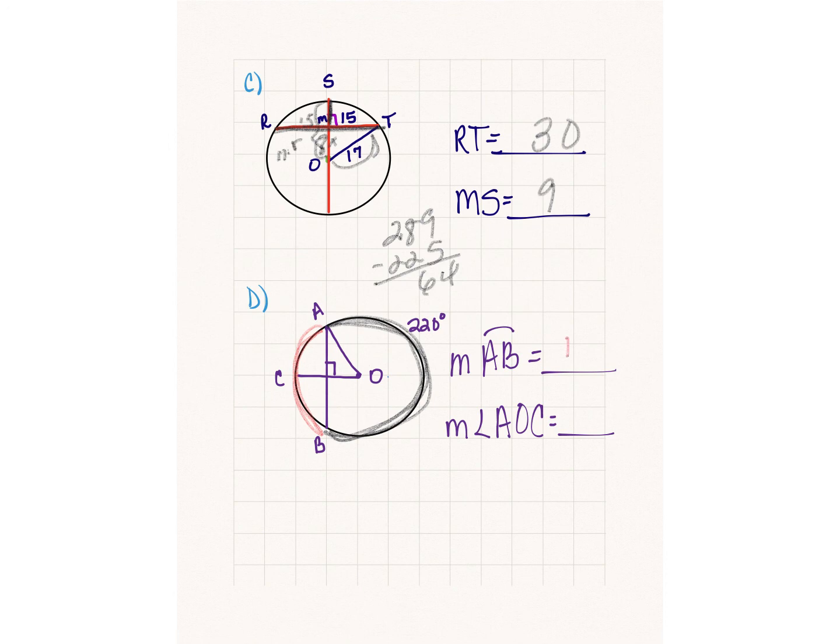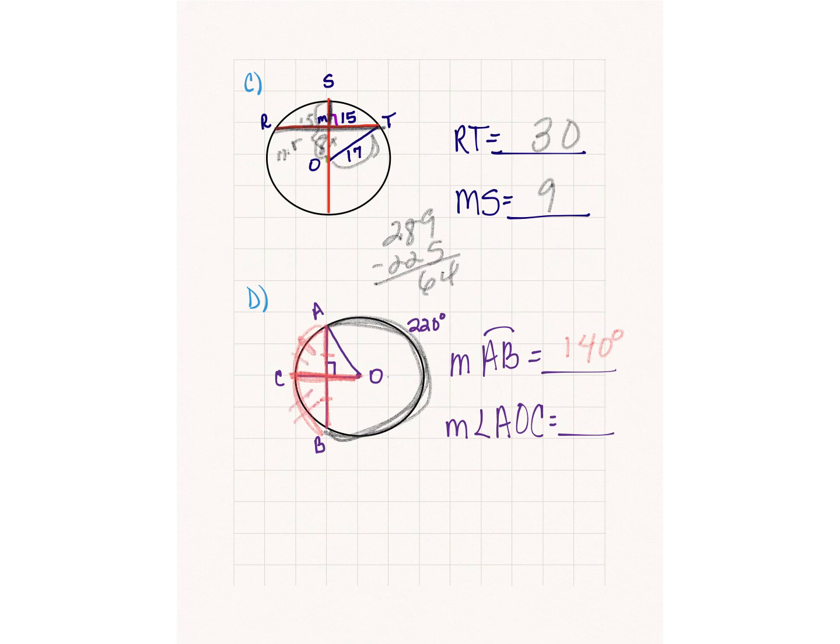Now you see I have radius OC that is perpendicular to this chord, so I know it bisects the chord, and I know it also bisects the arc.